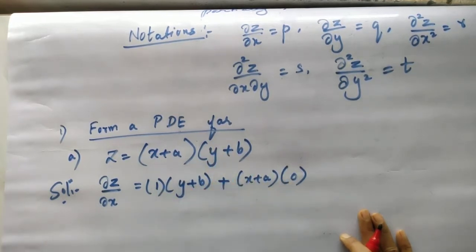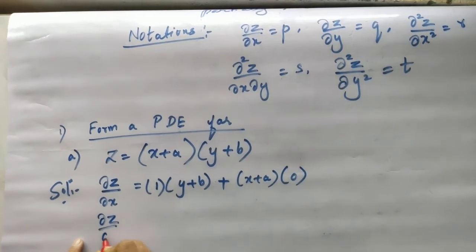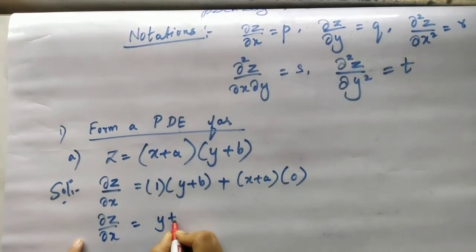Partial derivative we are considering: dou x by dou x is 1, derivative of a is 0, it's a constant. Derivative of y with respect to x is considered to be 0 because we are partially differentiating z with respect to x, so y is constant for us. So now dou z by dou x will be equal to y plus b.